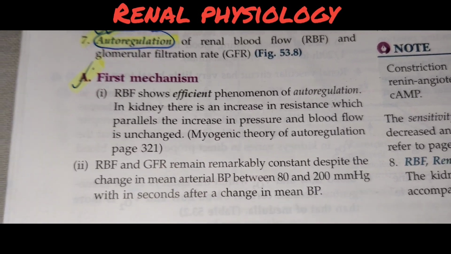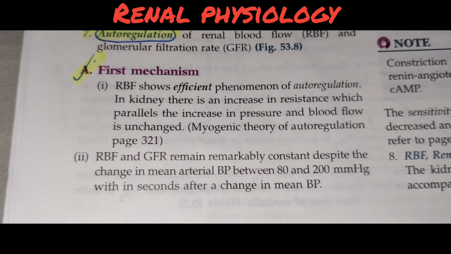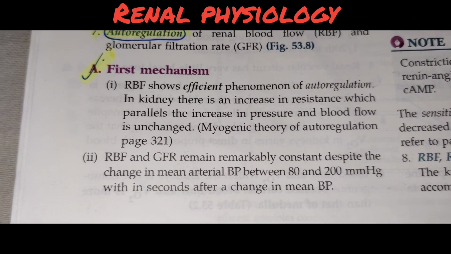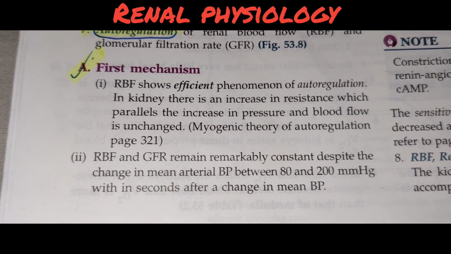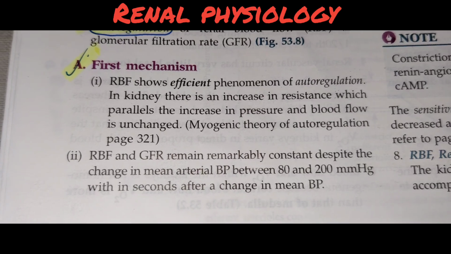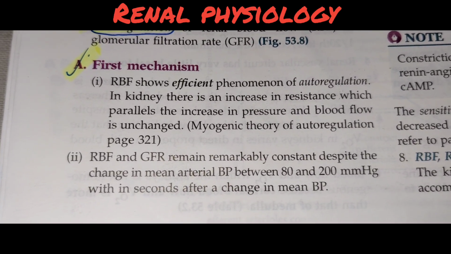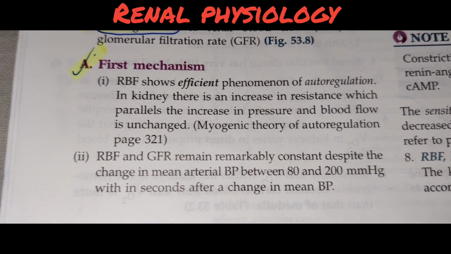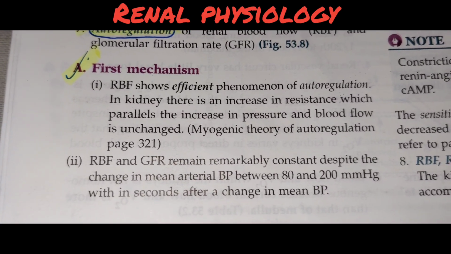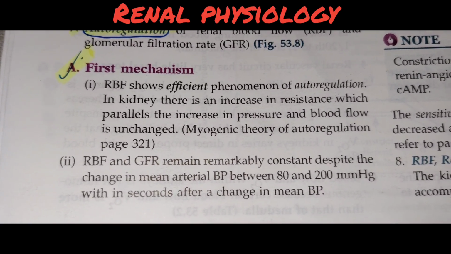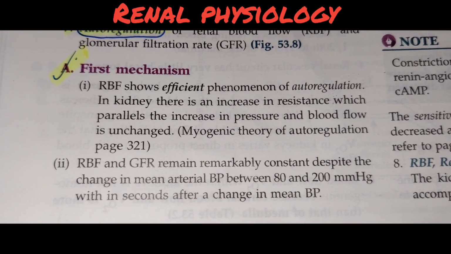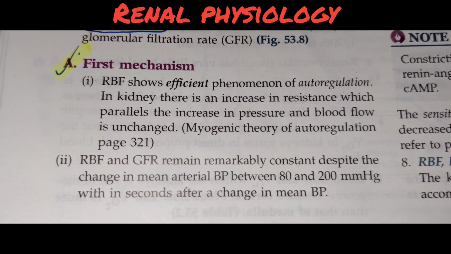It means that every smooth muscle has a basal myogenic tone, meaning at rest every smooth muscle has some level of contractility. So if the blood flow increases, the pressure will also adjust itself so that it doesn't increase. So this is known as auto-regulation.